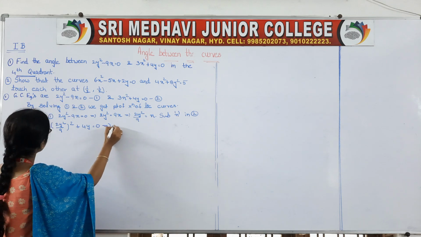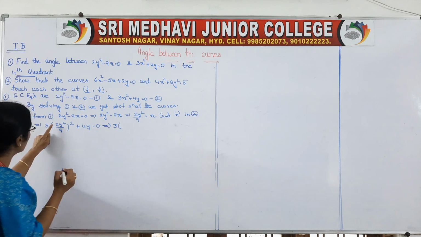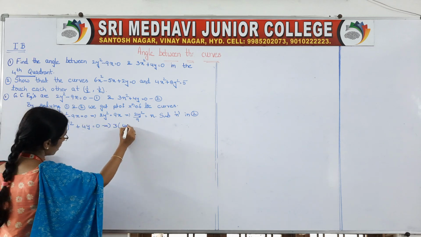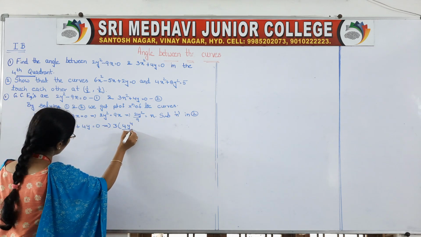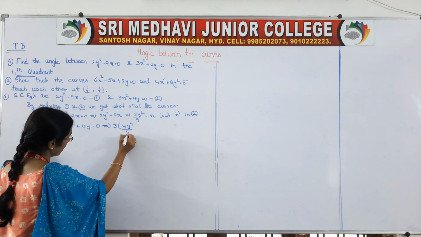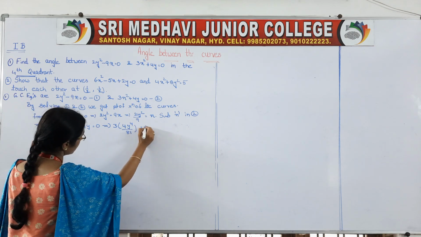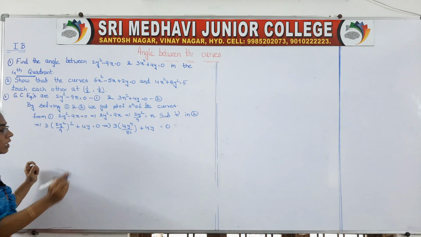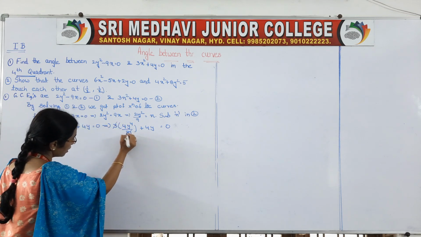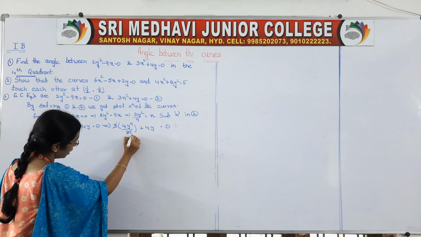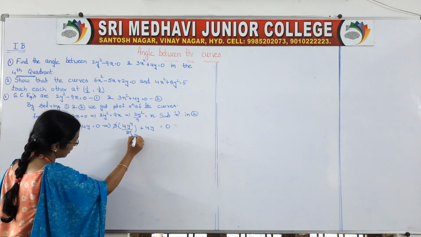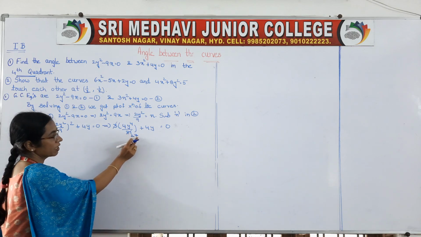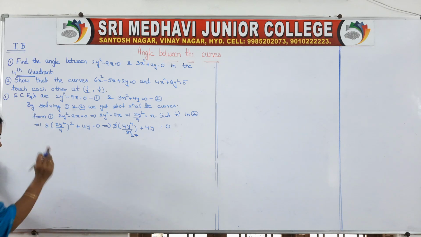So 3 into 2 whole square is 4, y square whole square is y to the power of 4, by 9 square which is 81, plus 4y is equal to 0. Now 3 twos are 6, 3 sevens are 21.